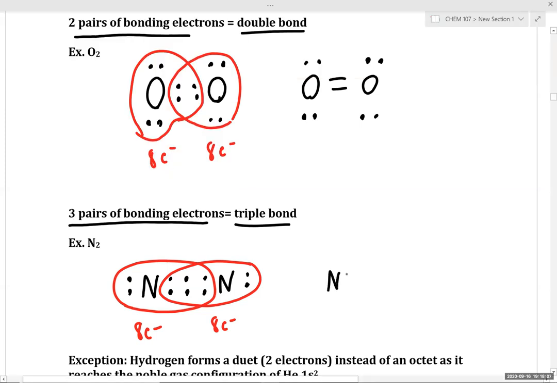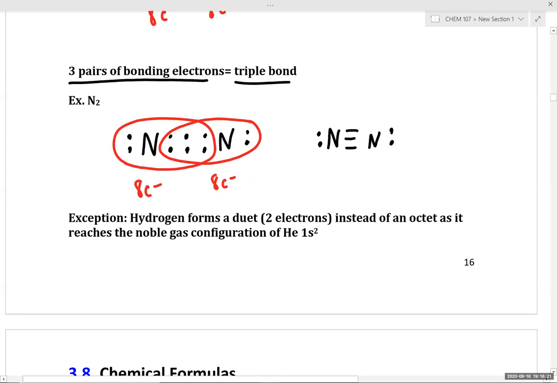We can also draw this structure like so. We can represent pairs of shared electrons, or a bond, as a line. Now there's one exception that you need to know. Hydrogen prefers to form a duet with 2 valence electrons instead of an octet, as it reaches the noble gas configuration of helium.